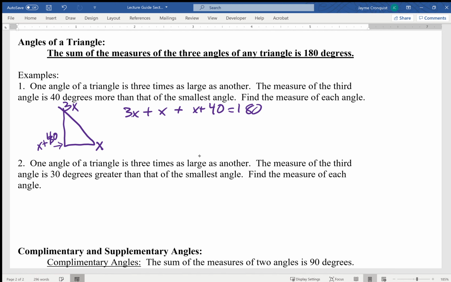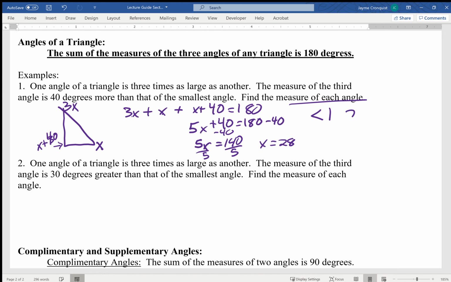So I have 5x plus 40 is 180. So I'm going to subtract the 40. I have 5x equals 180 minus 40, which is 140. Divide by 5. x is 28. So find the measure of each angle. Angle 1 is 28 degrees.